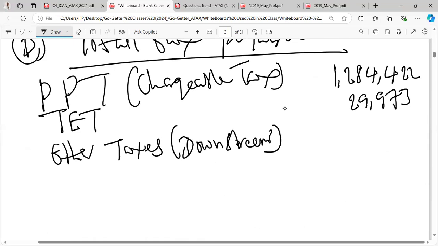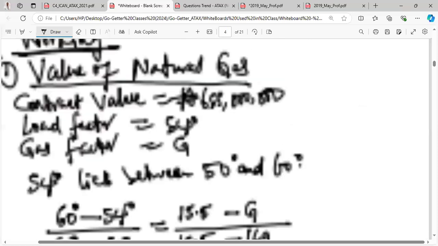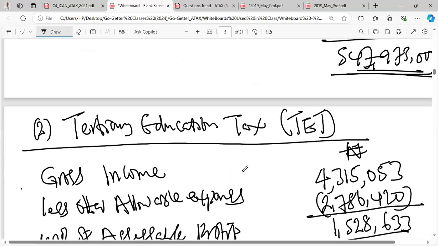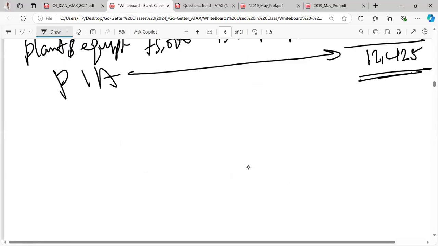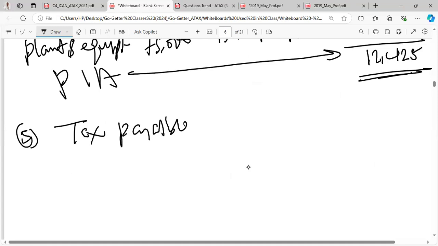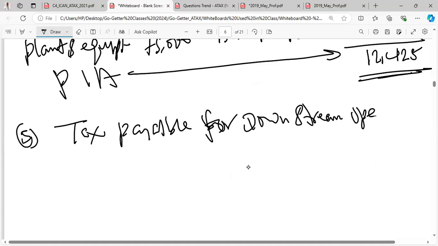So this should be workings number 5: tax payable for downstream operations.